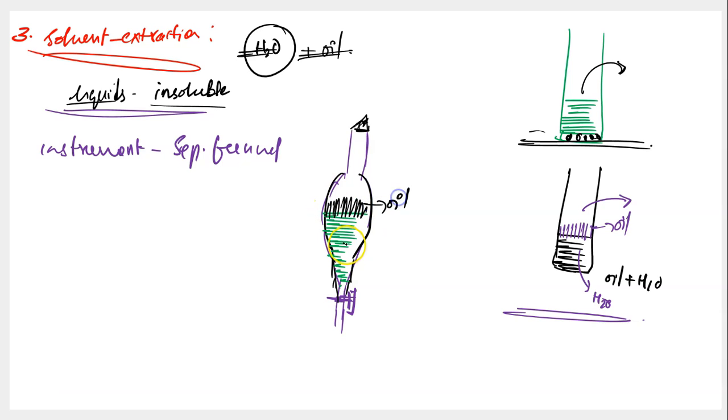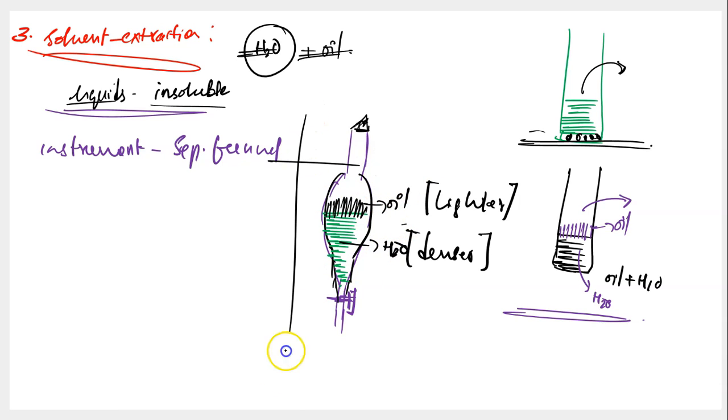In fact, if it is not oil and water, the separation will happen according to density. The more dense component will occupy the bottom, and the lighter or less dense component will occupy the top layer. And after adding these components to this separation funnel, you first of all have to mix them thoroughly and then keep them standby. By using a stand also, you can keep them in a position without getting disturbed.